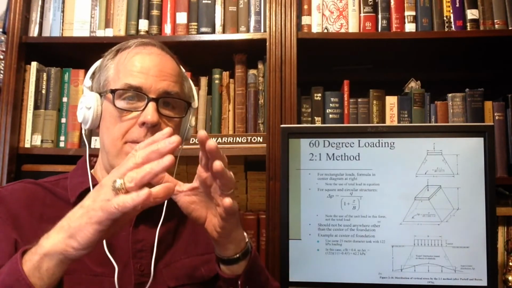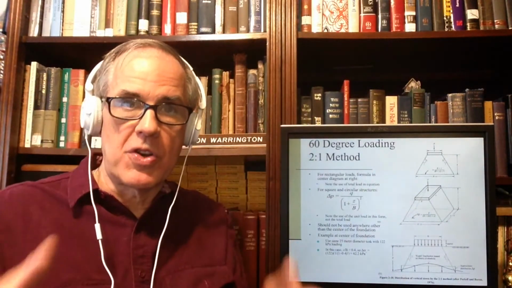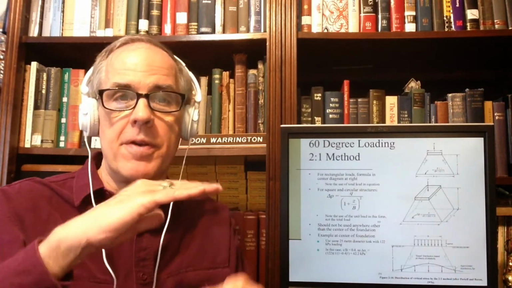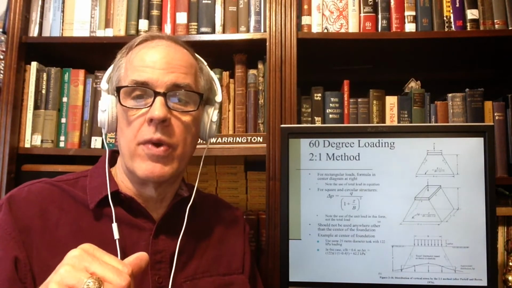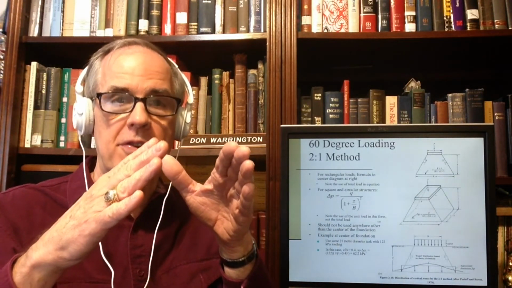Basically what it assumes is that it transforms the bulb you see under the Boussinesq theory into a sort of conical or truncated pyramid shaped type of thing, where the stresses decrease linearly the further you go into the ground.